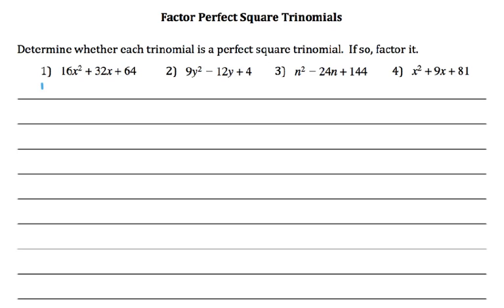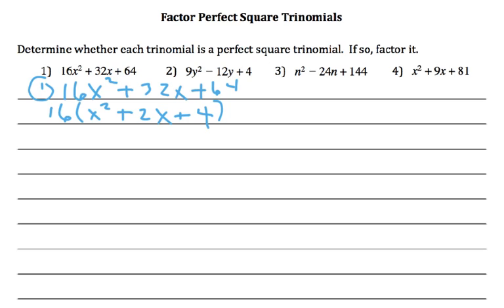So as a starting point, I'm going to take 16 out from everything. So I'm going to pull out 16, leaving me with x squared plus 2x plus 4.